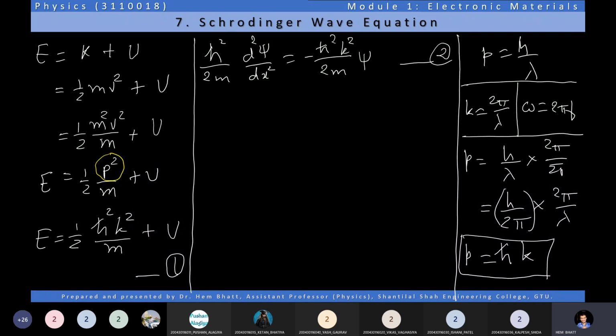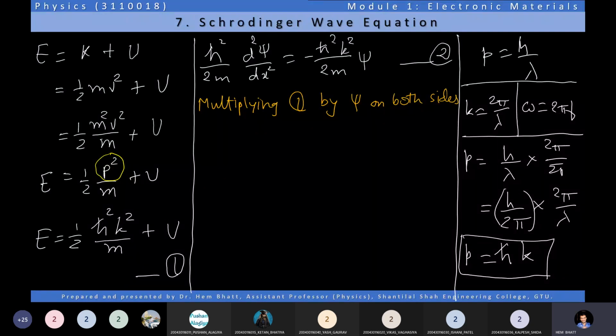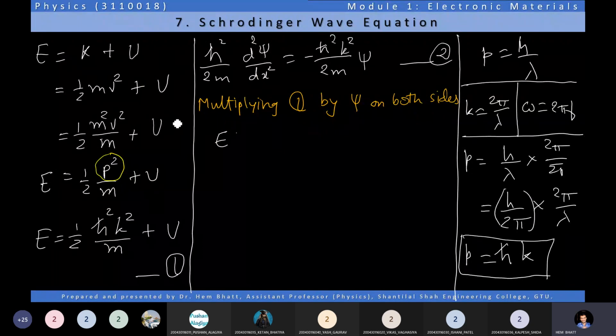Now if I multiply the first equation with psi on both sides, then what we get is E psi is equal to h cut squared k squared upon 2m into psi plus U into psi.